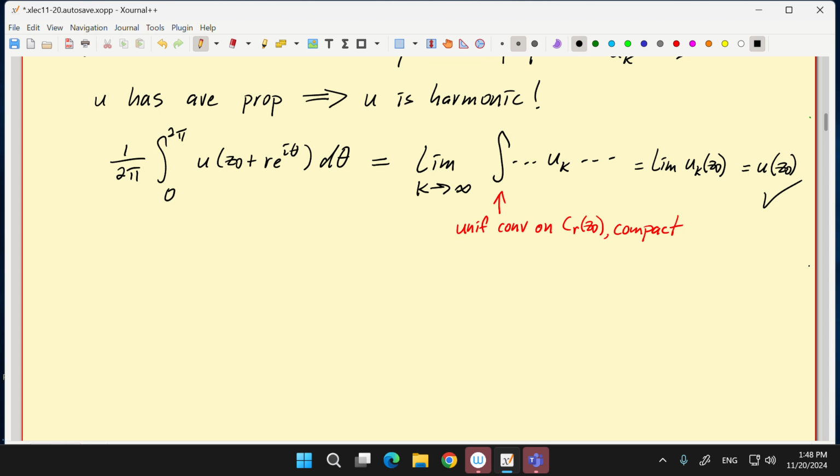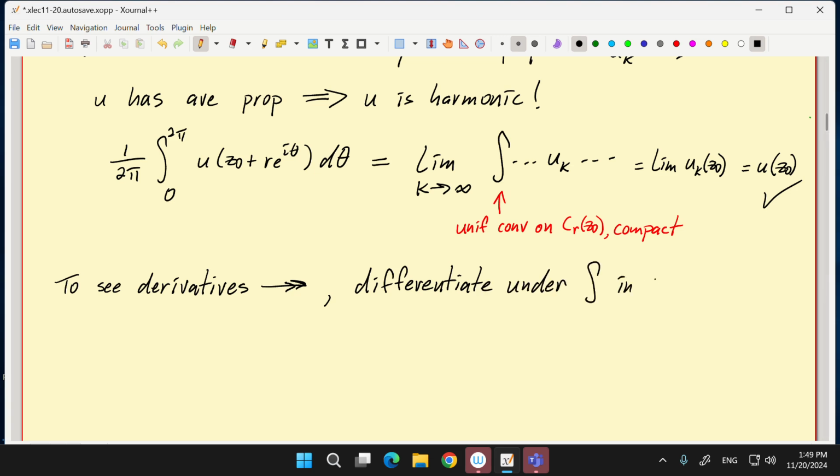And to see the derivative part, we have the Poisson integral formula. That Poisson integral formula has a very nice kernel that you can differentiate under the integral in the Poisson formula, like we did with the Cauchy integral formula.